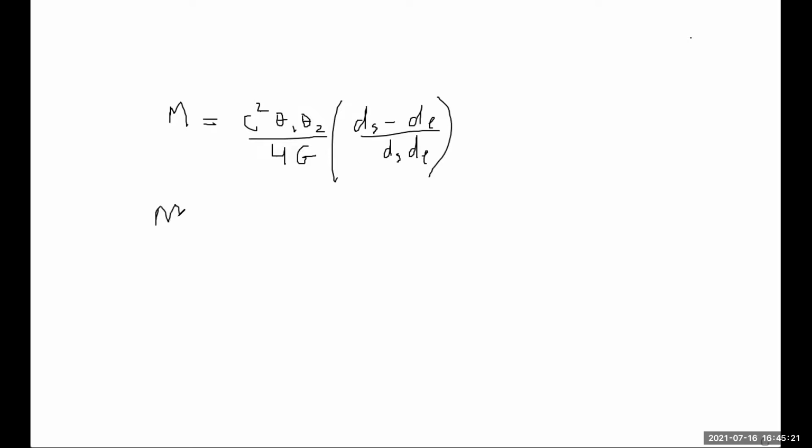So now the speed of light is 3 times 10 to the 5th. Remember, we're going to want to have the speed in kilometers per second. Then you square that.